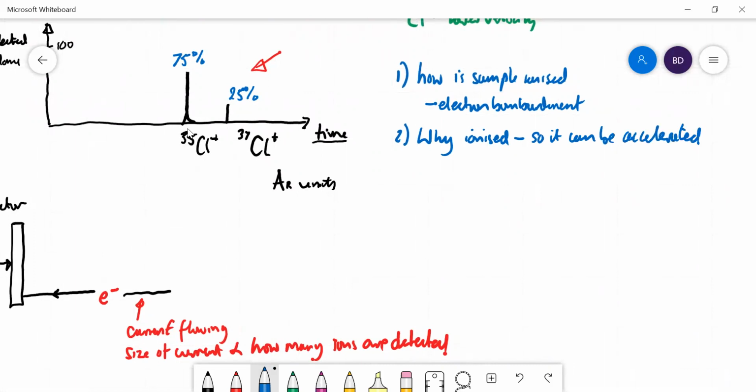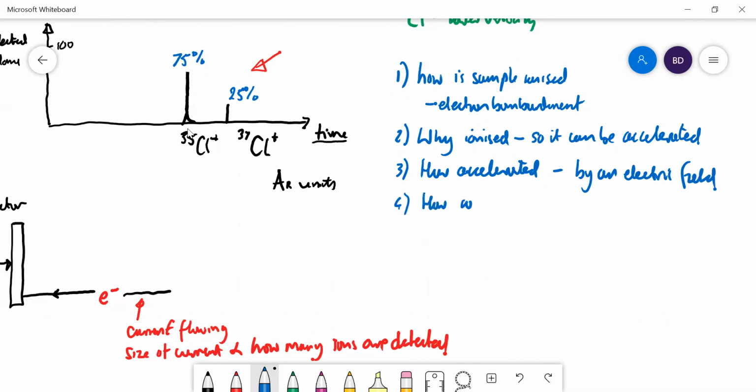Number 3, right, how is it accelerated? By having that plate at a negative voltage, in other words, by an electric field. And finally, how are the ions detected?